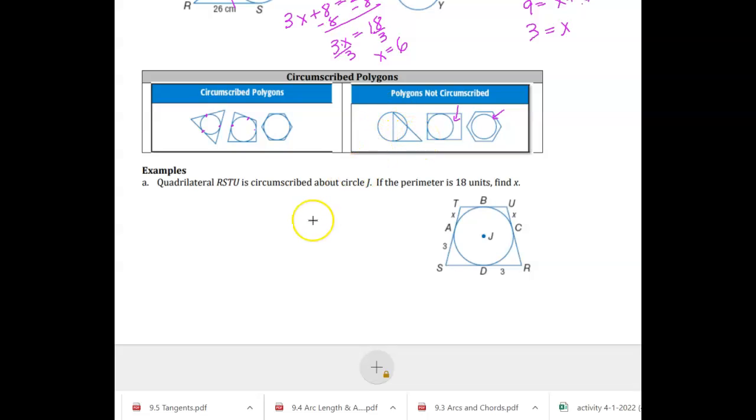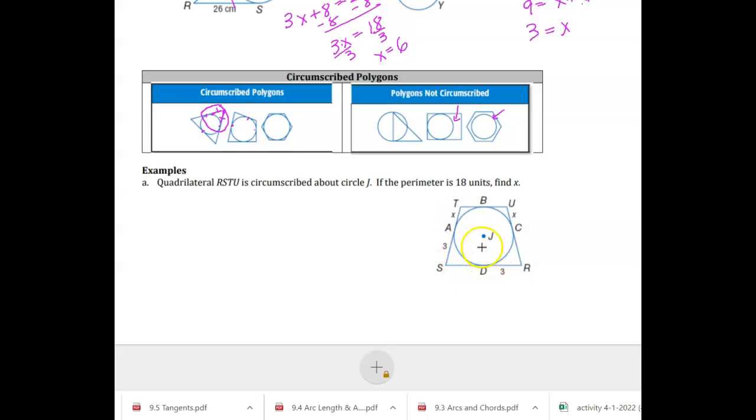So when we have circumscribed, if I ignore everything and only look at this part, then I have a point outside and these two tangents. So some of these theorems are going to apply even if you don't look at the entire shape. Okay? So this says RSTU is circumscribed about circle J.